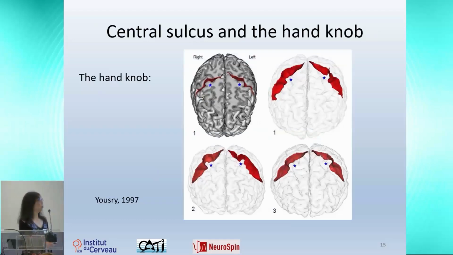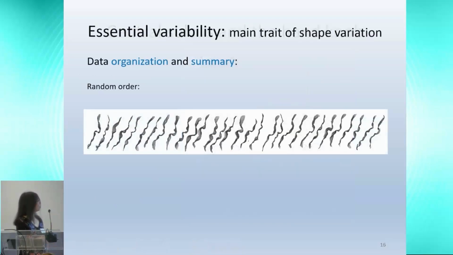You probably all know there's this knob that's called the hand knob that's mapped. You see a little star next to the knob. That's the characteristic shape of the hand activation on the central sulcus. Before we organize it, the first is the random order of the central sulcus.